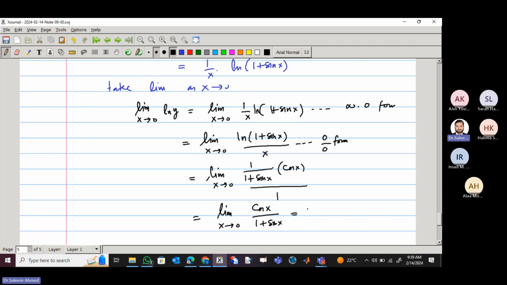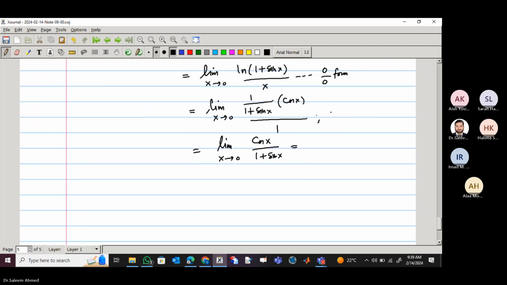Now you can use the limit. Here I used L'Hopital's rule. Wherever I use L'Hopital's rule, I can just write that we used L'Hopital's rule. So cos 0 is 1, divided by 1 plus sine 0, which is 0. So the answer is 1 here.